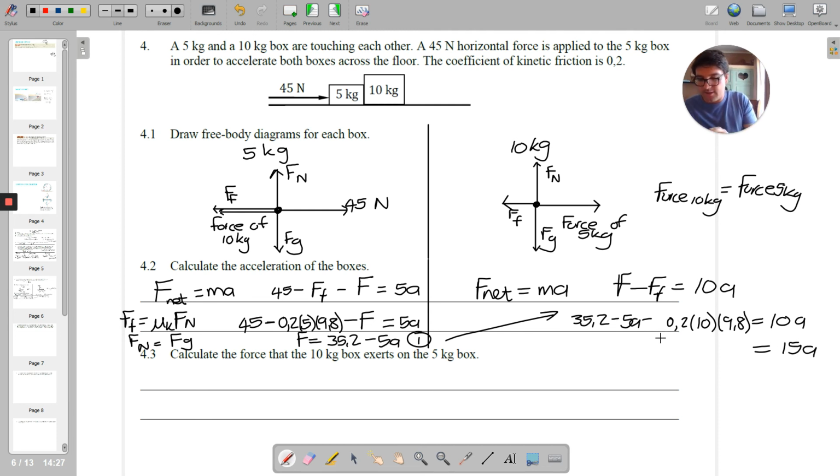And on this side, 35.2 minus 0.2 times 10 times 9.8 gives a value of 15.6. So our acceleration, 15.6 divided by 15, gives an acceleration of 1.04 meters per second squared.